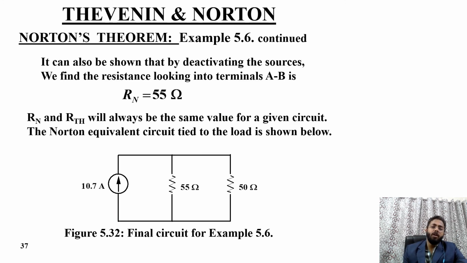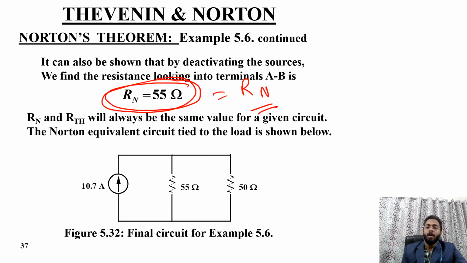Now once you have the current on the load terminal, you can calculate the Norton resistance, as we already calculated the Thevenin's resistance. Thevenin's resistance and Norton resistance are the same, and that is equal to 55 ohm here. It can also be shown that by deactivating the sources, we find the resistance looking into the terminals A and B, and R_N and R_TH will always have the same value for the given circuit.